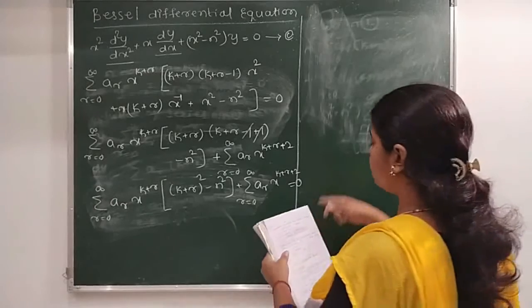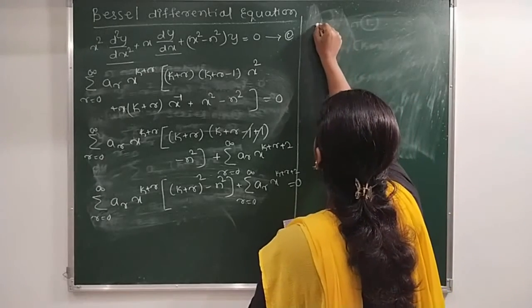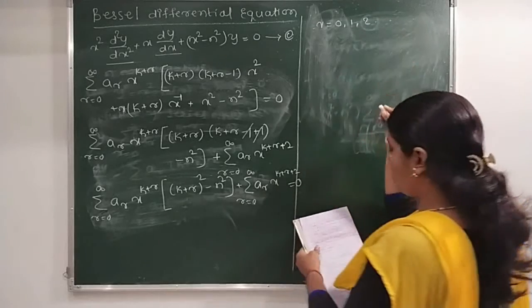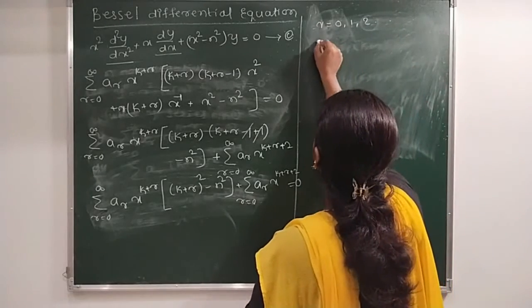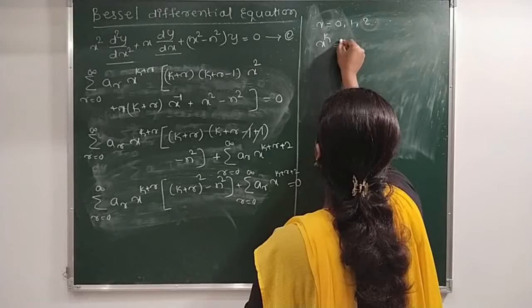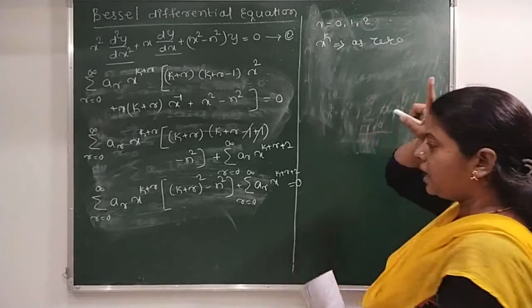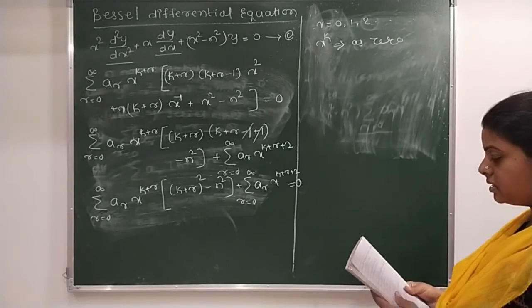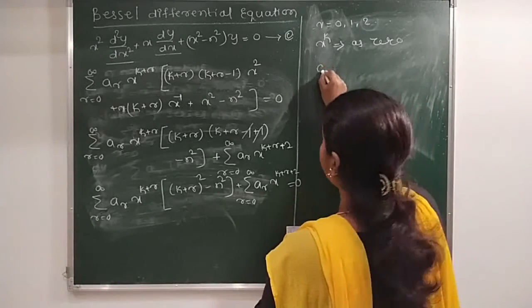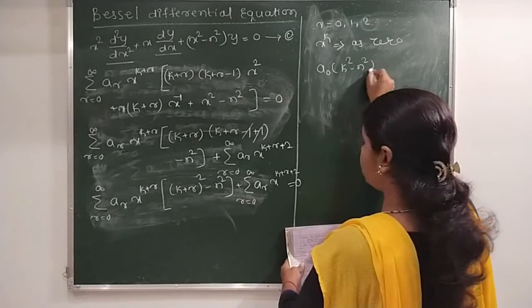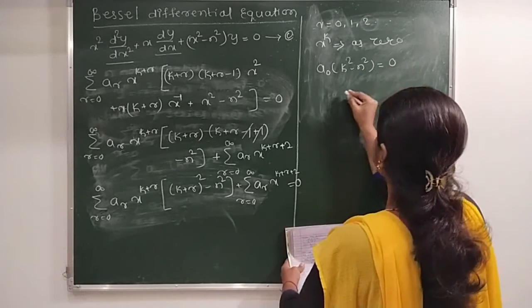First substitute the lower degree terms, put r equal to 0, 1, 2, and so on. Now first we have to equate the coefficient of x raised to k as 0. x raised to k as 0 means a naught times k square minus n square is equal to 0.